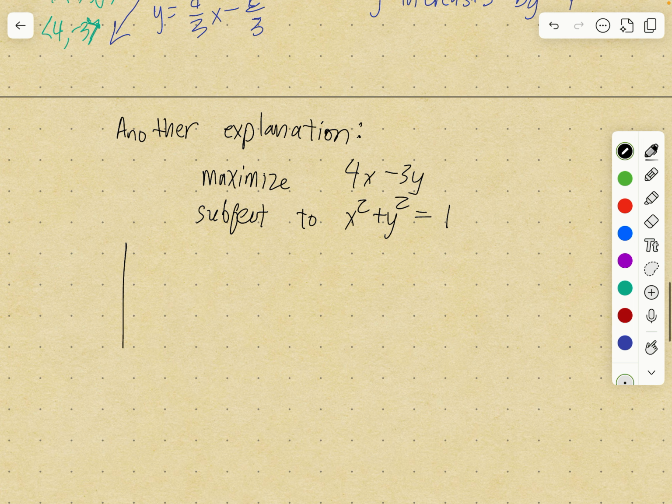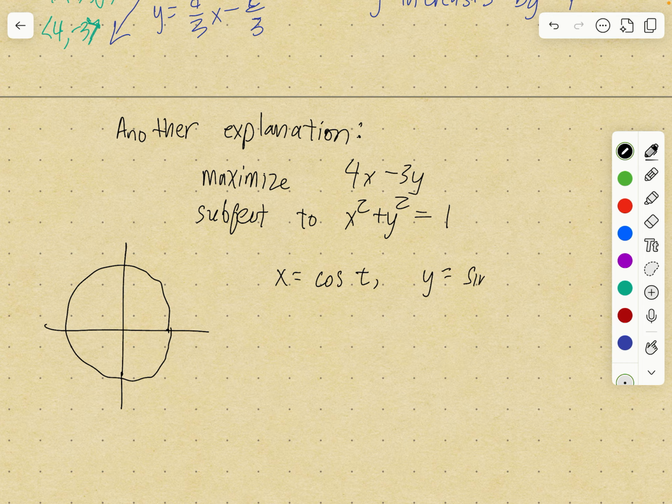So another way of thinking about this problem is to parameterize the circle. We know that x is cosine t, y is sine t, and as t goes from 0 to 2 pi, you describe all the points on the circle.